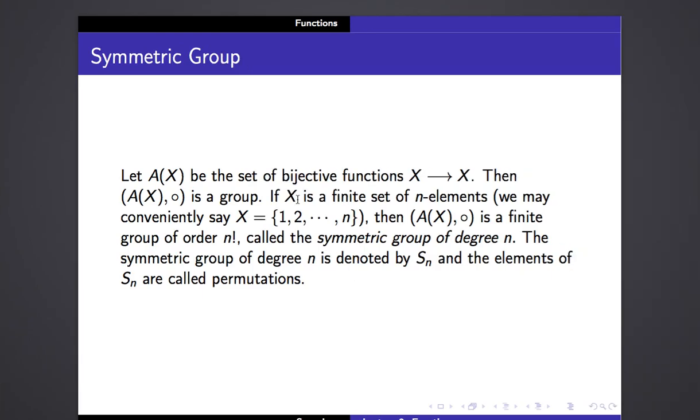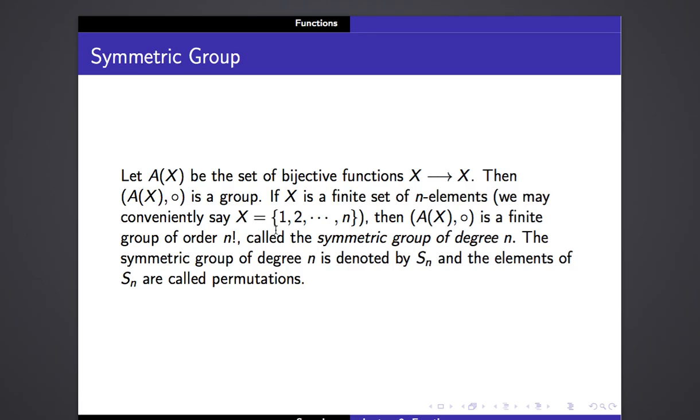If x is a finite set of n elements, we may conveniently write x as the set from 1 through n. Then this group is a finite group of order n factorial.